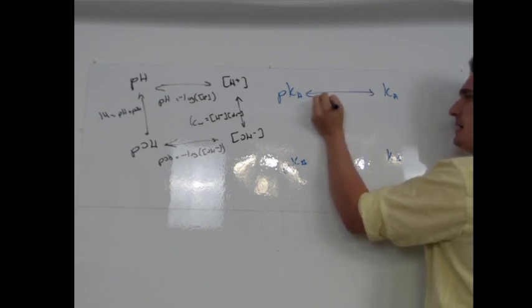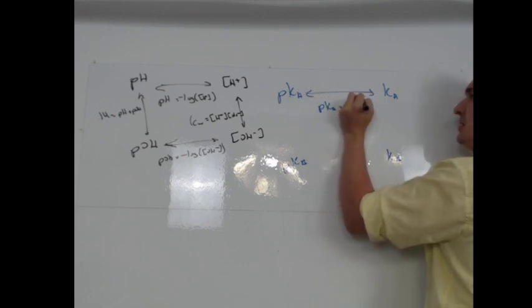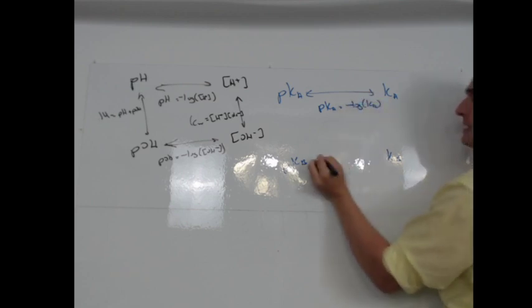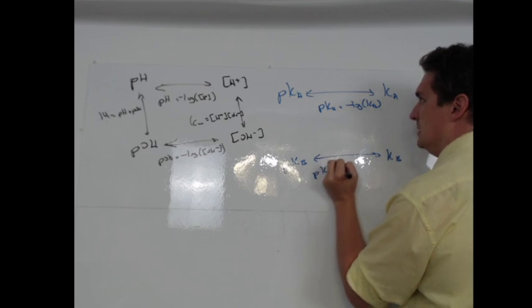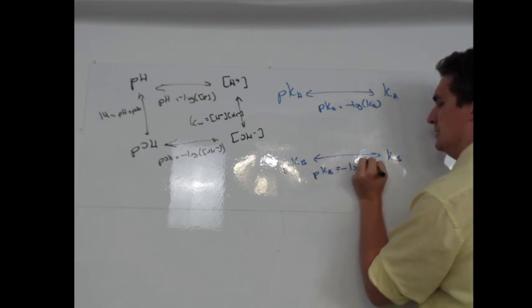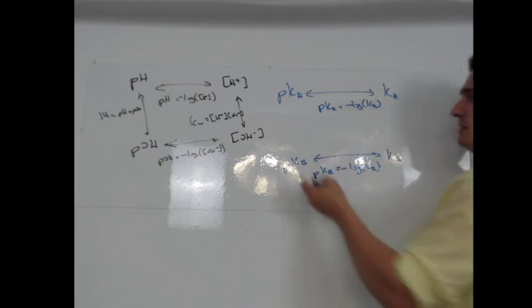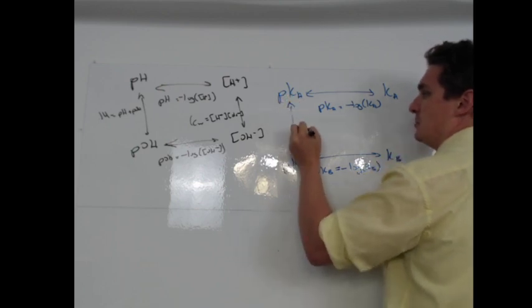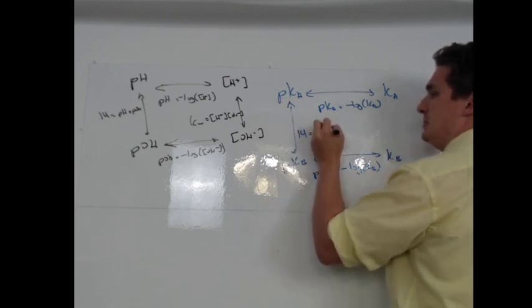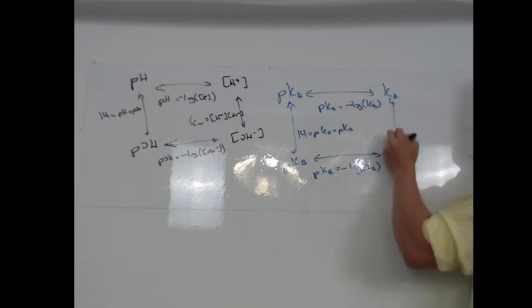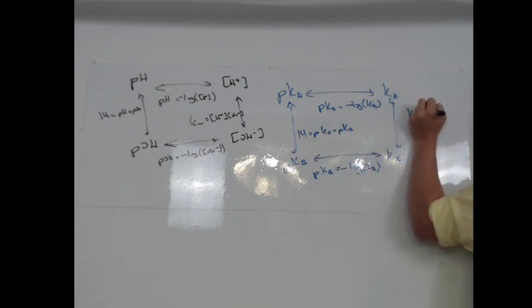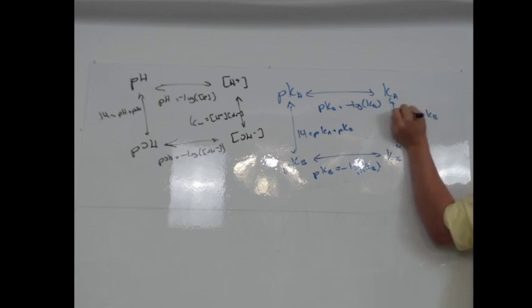The pKa is just the negative log of Ka, and the same thing is true of the pKb. The pKb equals the negative log of Kb. These two are connected by 14 equals pKa plus pKb, and these are connected in that Ka times Kb equals Kw.